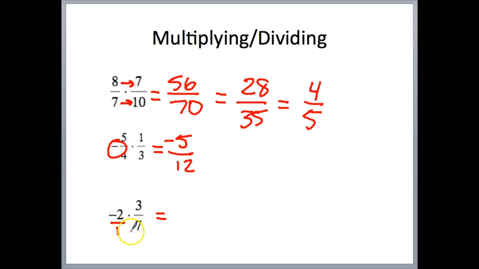Anything divided by 1 is itself. So you can think of it like that and multiply numerators by numerators, denominators by denominators. What I like to do though is just know when you have a whole number, you multiply the numerator. -2 times 3, -6 sevenths. You just leave that one alone.